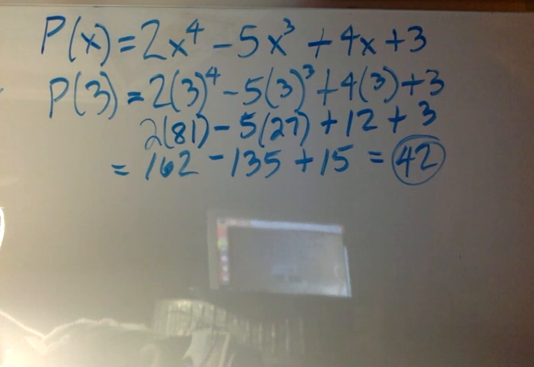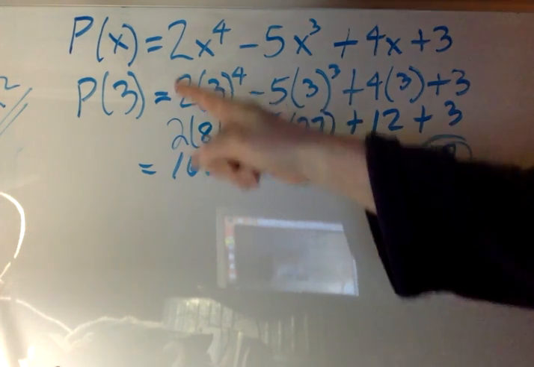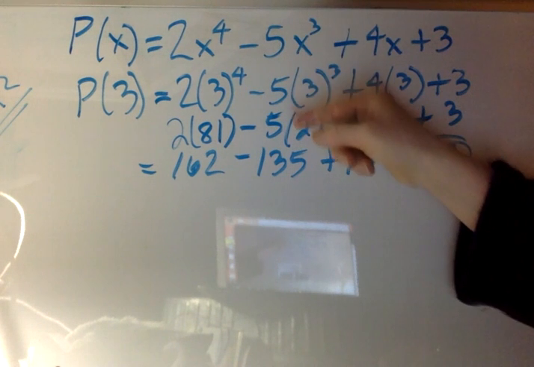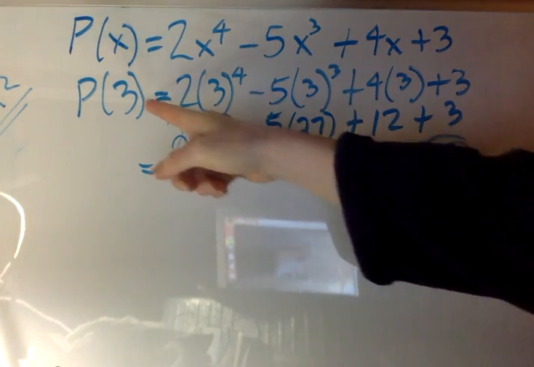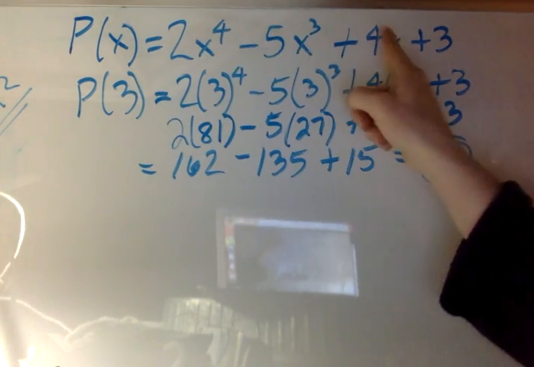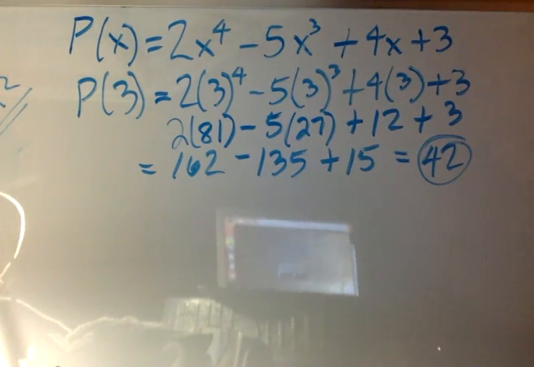Okay, for example 2, we are asked to find P of 3 and P of -1 if P of x is 2x to the 4th minus 5x cubed plus 4x plus 3 using direct substitution. Direct substitution means just replace every x with the number you see here. And you can see that's what I've done here. Every x I've replaced with 3.